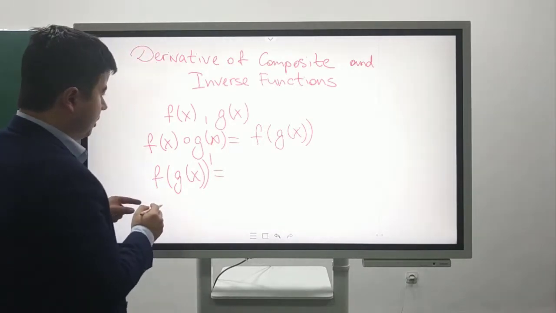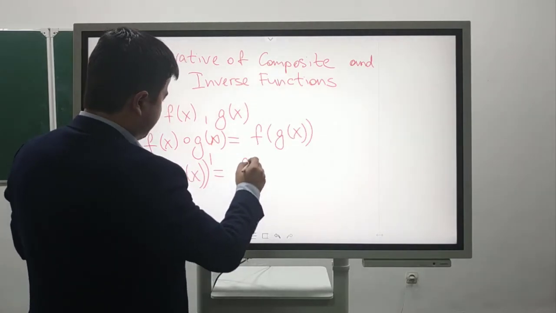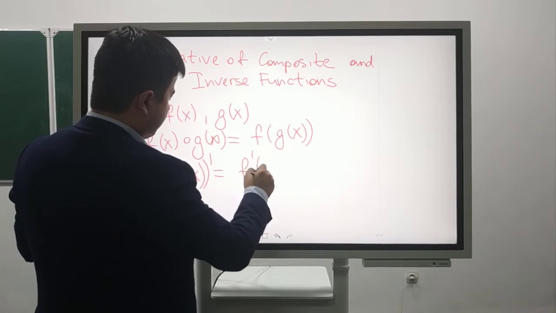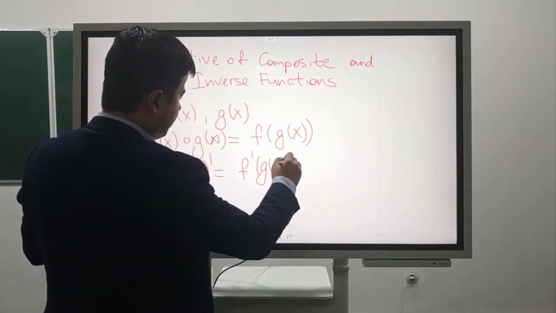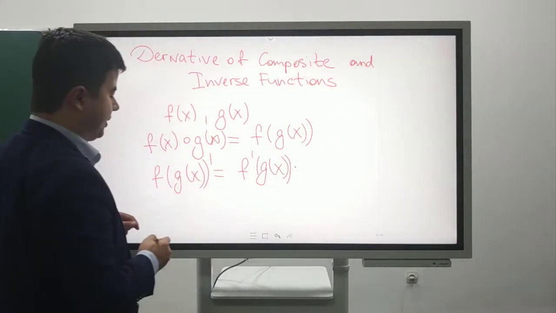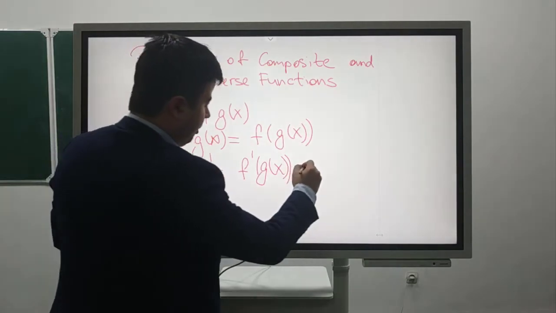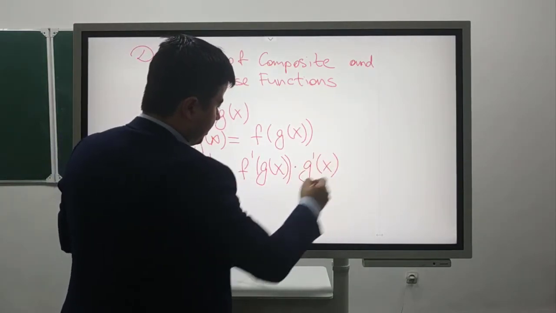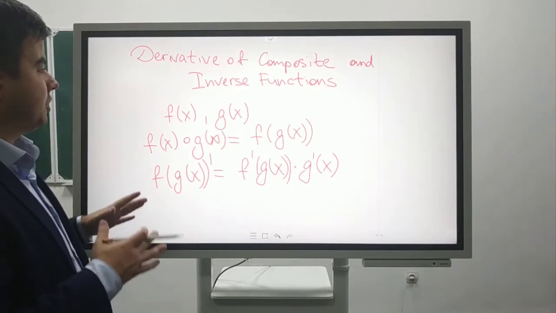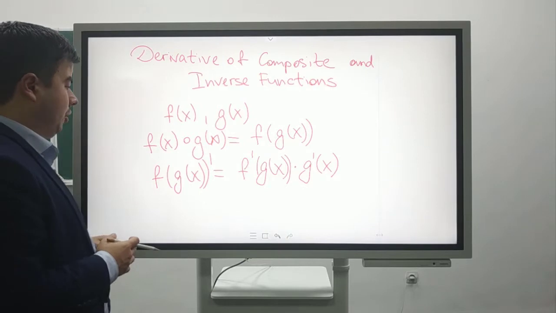So it is f derivative just in argument g of x, and times we need to multiply by the derivative of the second function, g derivative of x. So this is the derivative of a composite function, the composition of two functions.